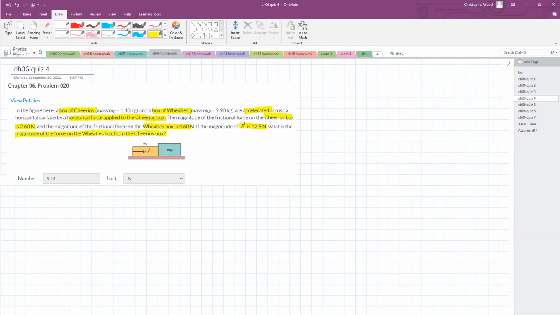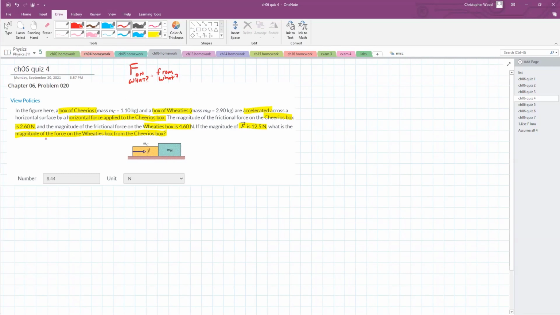So let me state this right now. Let's always use, I think I've said this before, but let's always use the F on what from what convention. On what from what.